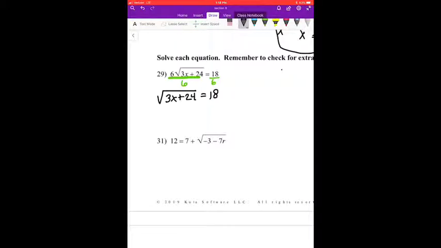Now, I want to get rid of that radical. I can't subtract 24 and divide by 3 while it's under the radical. So, I want to get rid of it. What is the inverse of square rooting something? Squaring it. So, I'd have to do that to both sides.